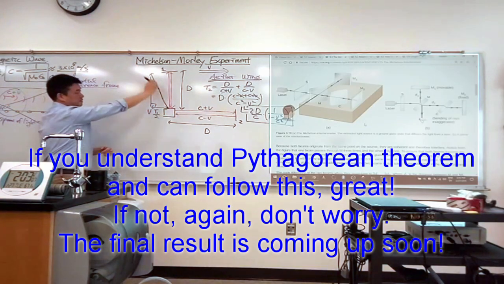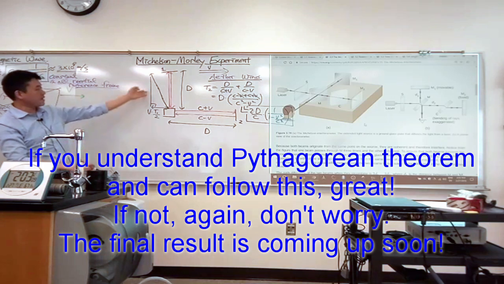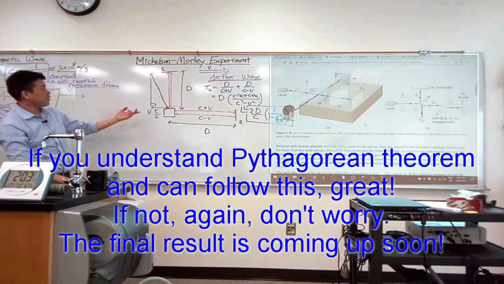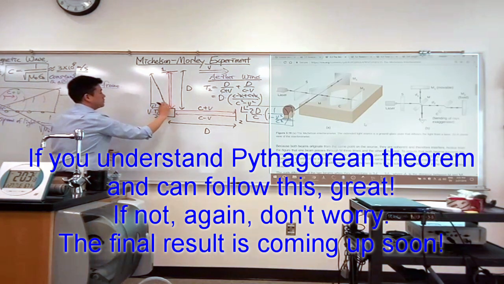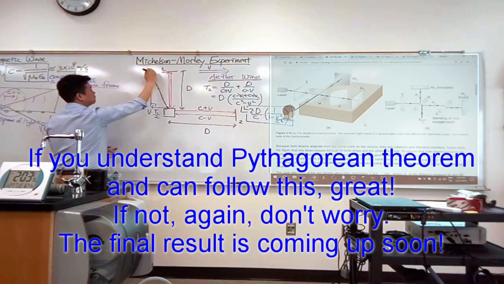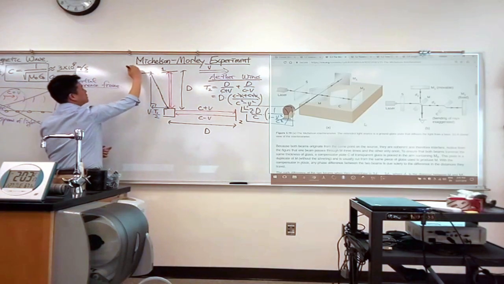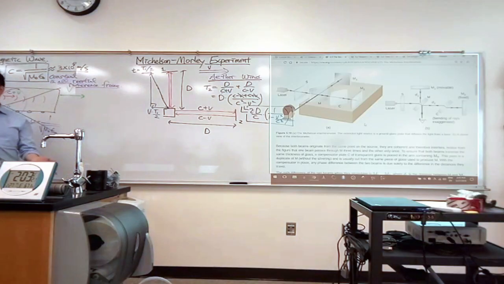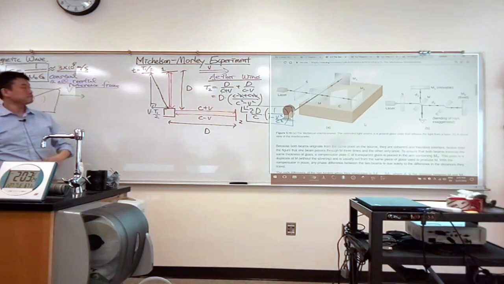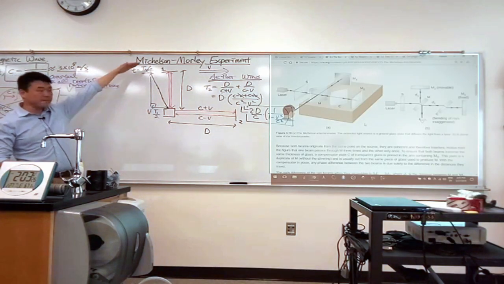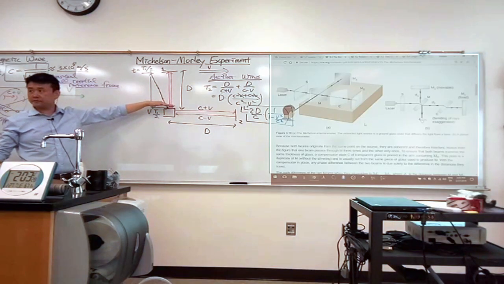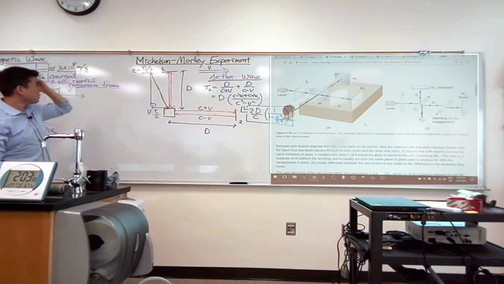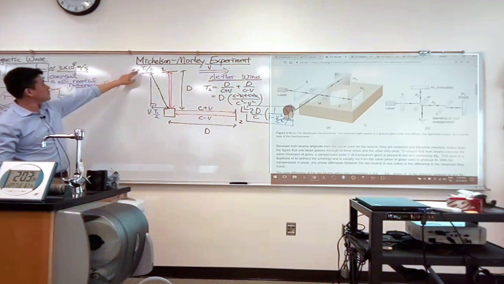So for the distance that the light is traveling, the time is T1 divided by 2, half the amount of time of the whole full round trip. And coming back, it would take the same amount of time, right? Okay, so let's calculate this time.